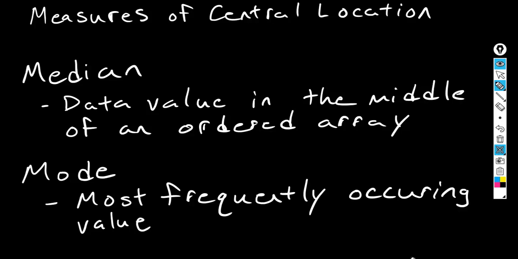Just so we have an example of this, I'm going to go ahead and clear this board, so if you don't have it down, you might want to pause it and write these down. Let's say we're going to use the same data we've been using from the last video where we were doing our means.